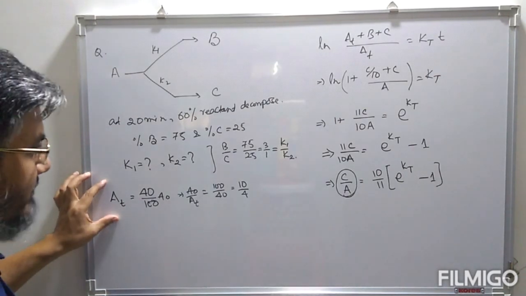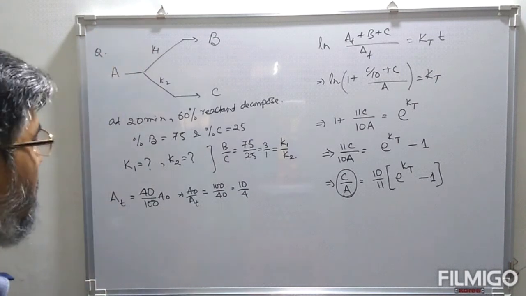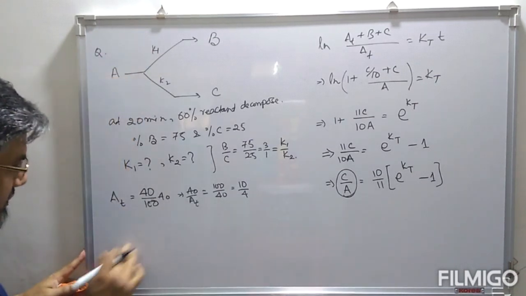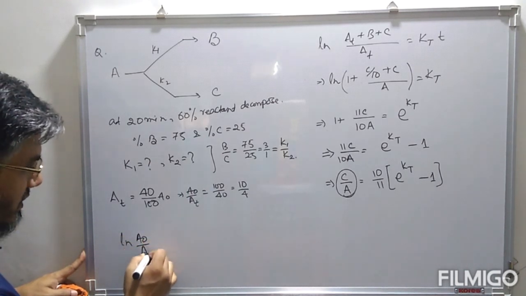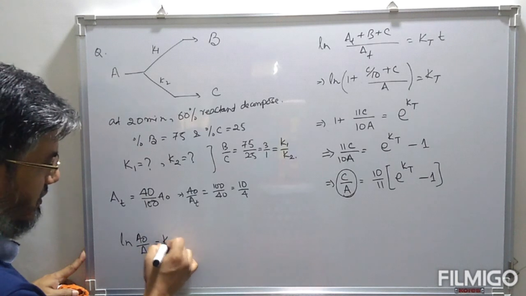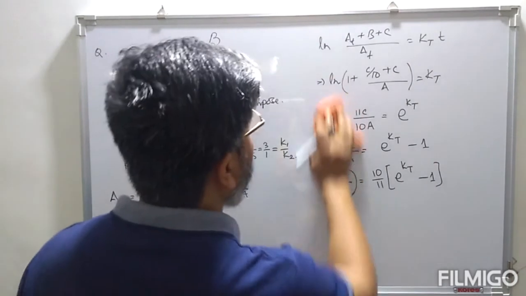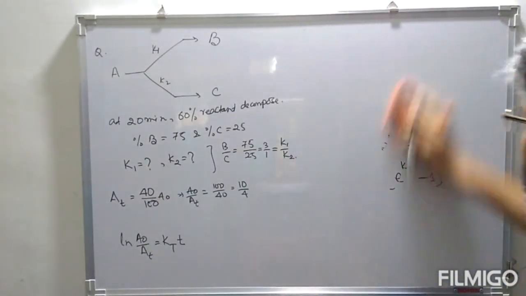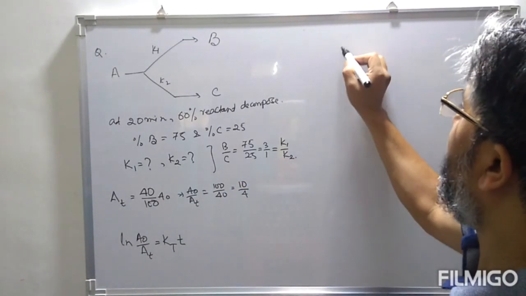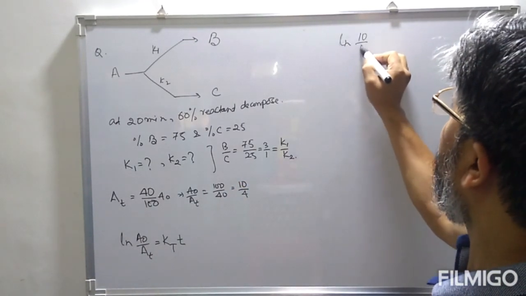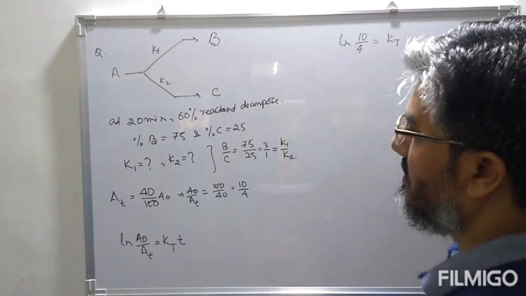Now we have the amount of A left, and this is the ratio of K1 and K2. Now we have to find K1 and K2. The reaction being first order, we will use the first order kinetics integrated equation: ln A naught by At is equal to Kt. Now A naught by At is 10 by 4, so ln 10 by 4 is equal to Kt.